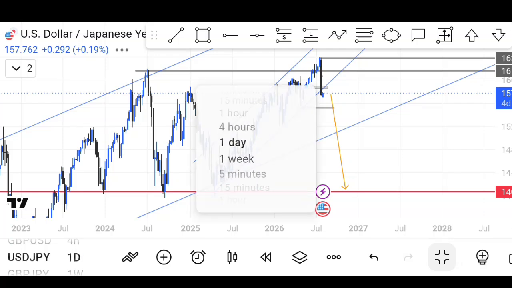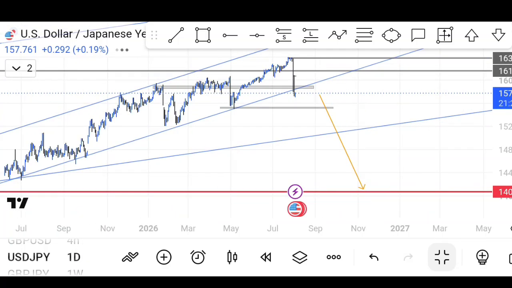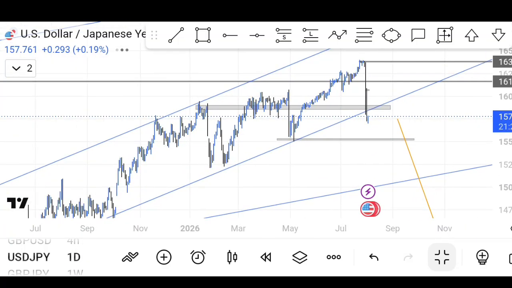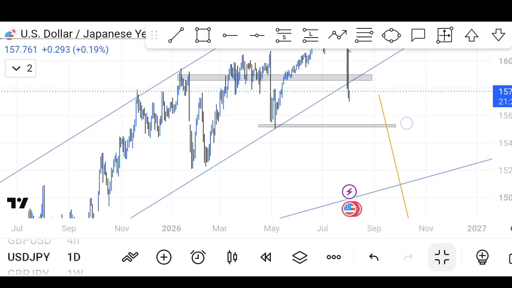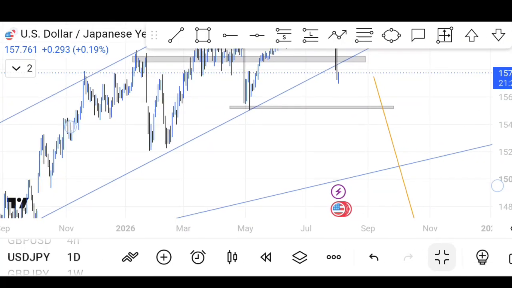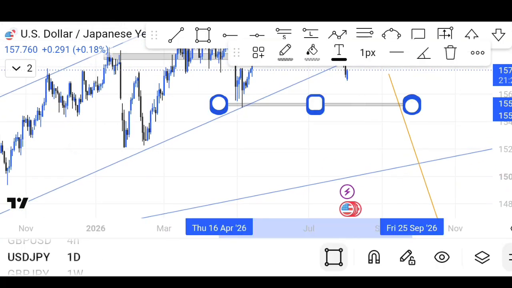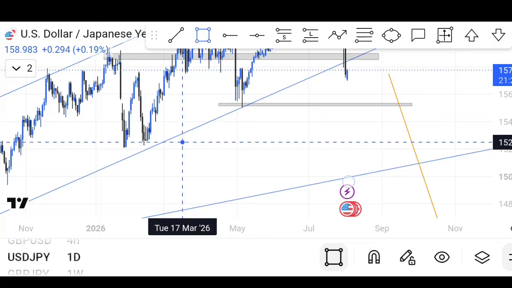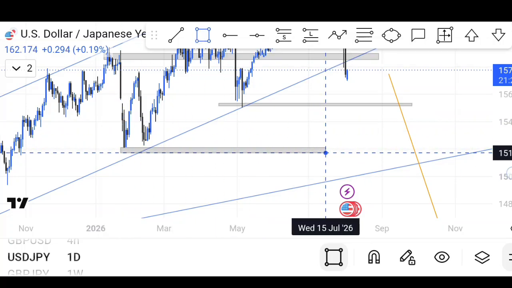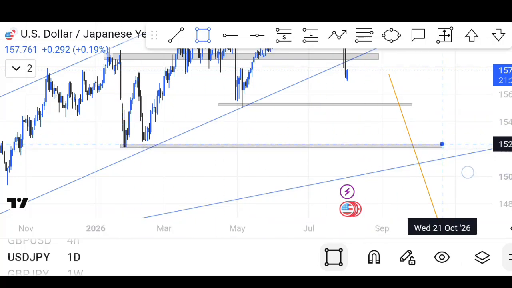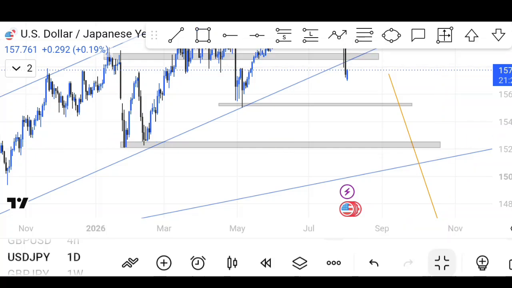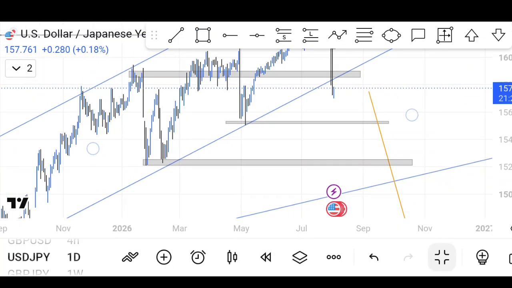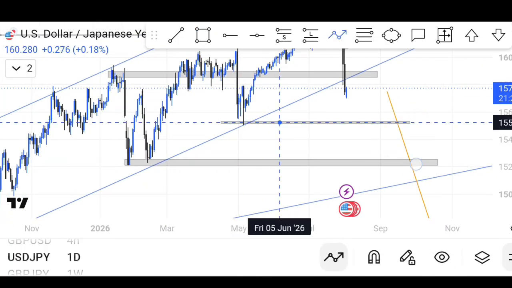So basically, if that happens, what we should be targeting should not be this; that should be a smaller target. The best target, if I'm going to be honest with you, should be this. This should be our best target for USDJPY whenever that happens, right? Because the market has opened now.